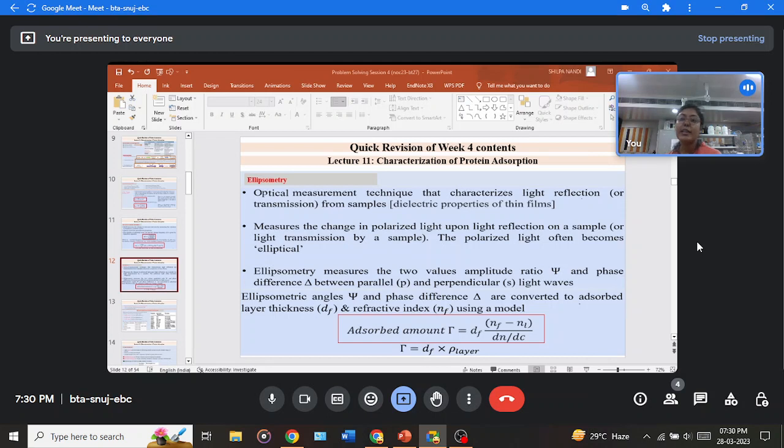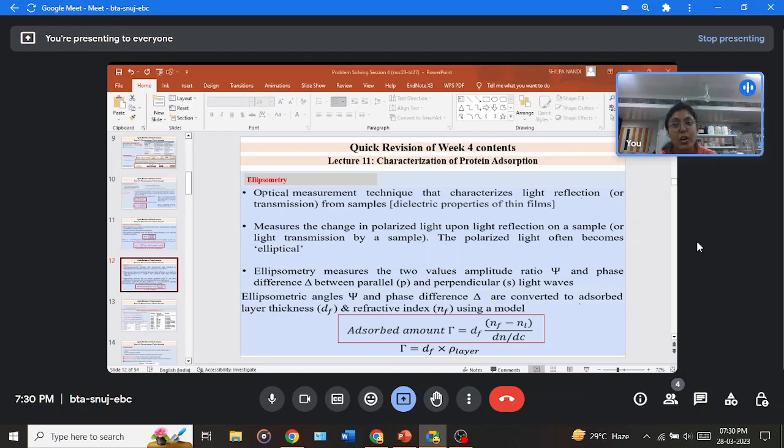So this is basically an optical measurement technique that characterizes light reflection from the sample. In case of quartz crystal measurement, that was having piezoelectric properties, whereas in this case we have dielectric properties of the thin film, which helps in measurement of the protein adsorption.